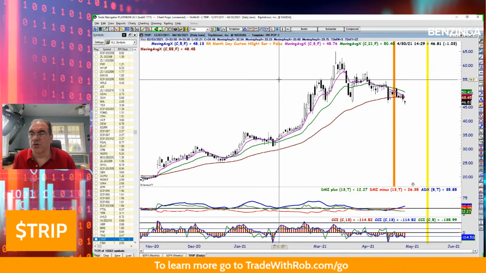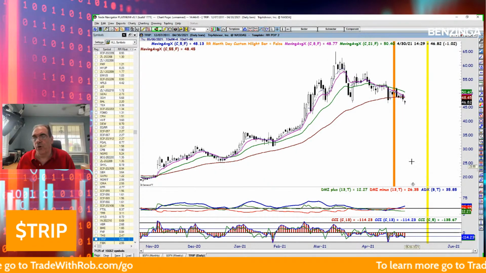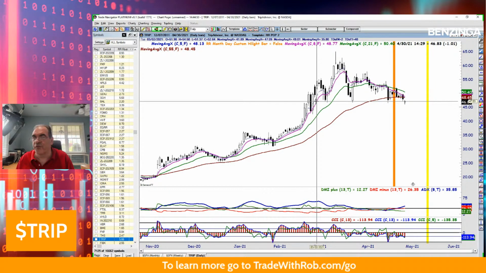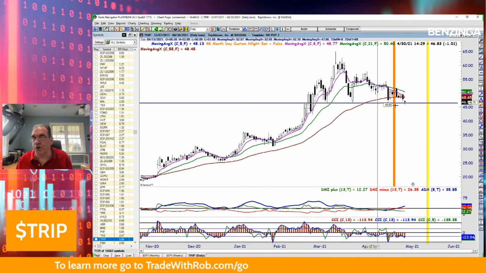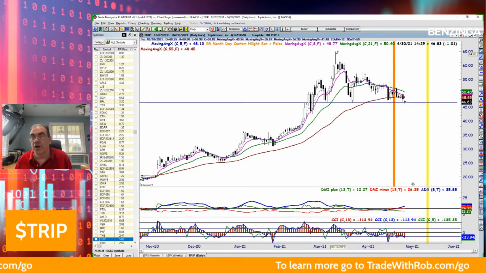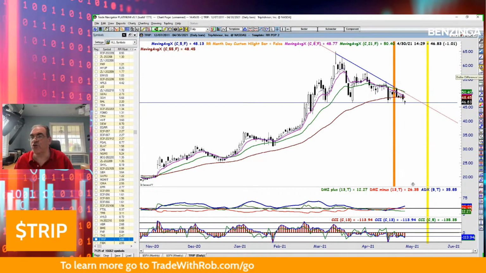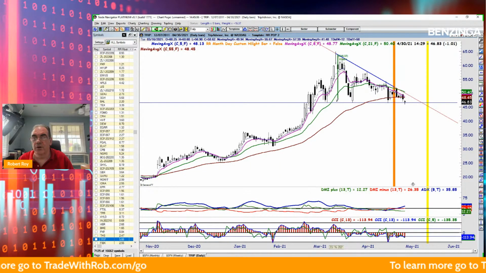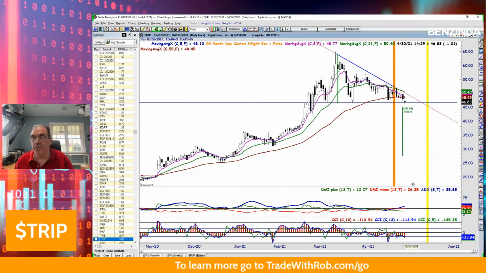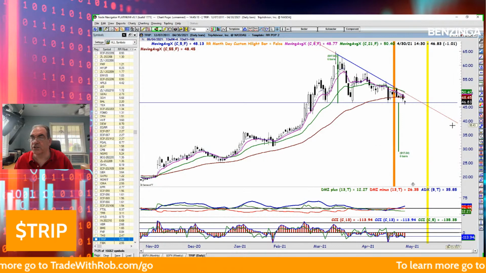Let's see. So a bounce on Trip. It's bouncing down. You've got earnings coming up. I wouldn't touch this with a 10-foot pole until you get past earnings. And as far as a bounce, I don't see anything that's a support level for a bounce. We've got a short-term support here. But if you want to use that as your basis, you darn well better be talking about where your tops are coming down. You've got an ascending triangle. If this triangle plays out the way the average trader thinks it will, not how I think it will, that's where you wind up, down at about $30.